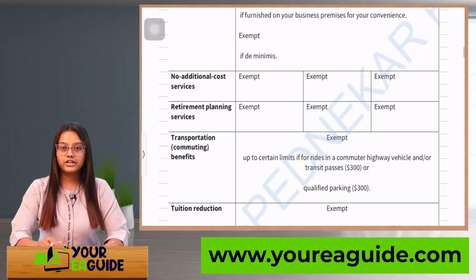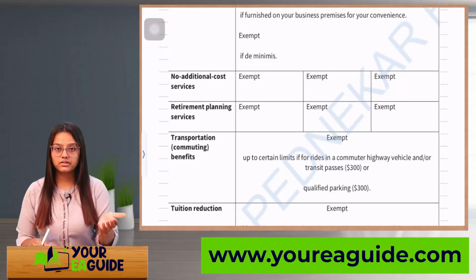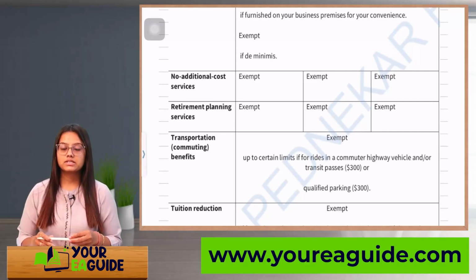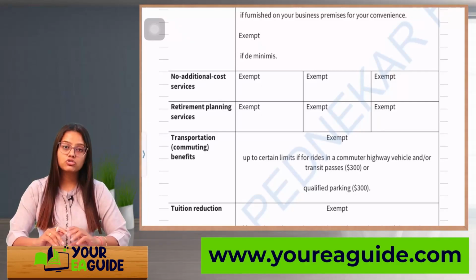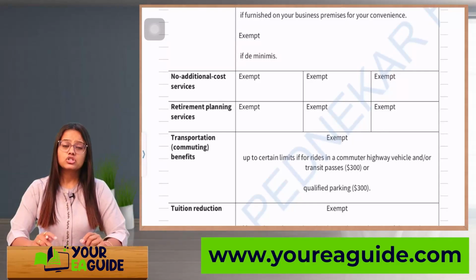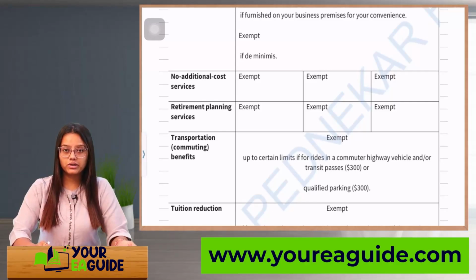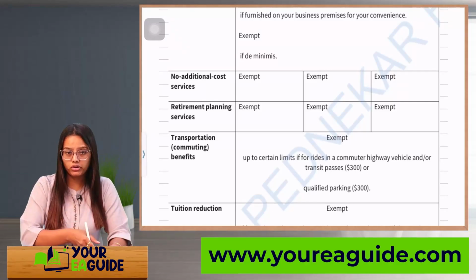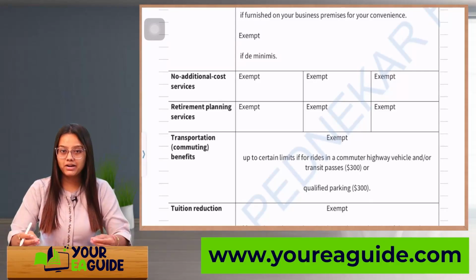Next one is no additional cost service. Let's say there is a retail store which is selling some electronics. Okay, so they also repair the electronics. Now the employee who is working there, one of his laptops is damaged, so he gives it for repair to his own employer's store, and it is done free of cost, and there is no additional cost, there is no part replacement or anything.